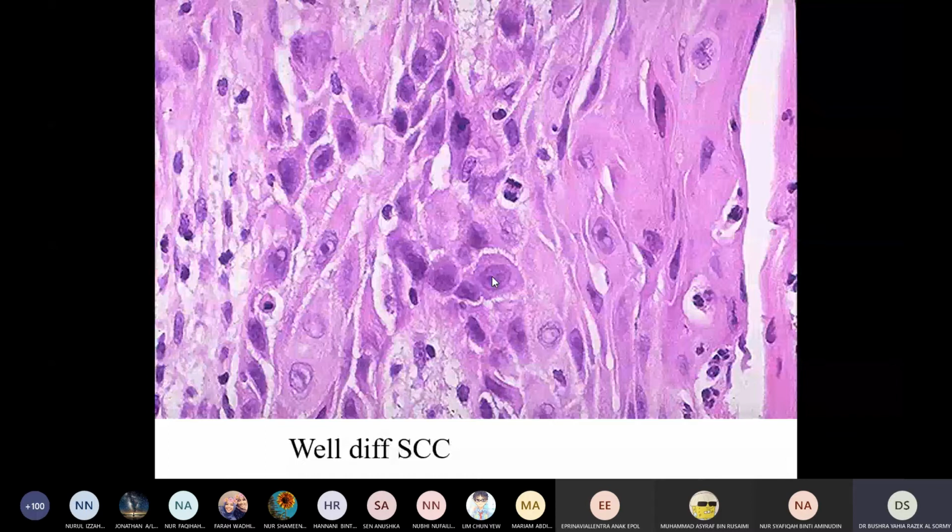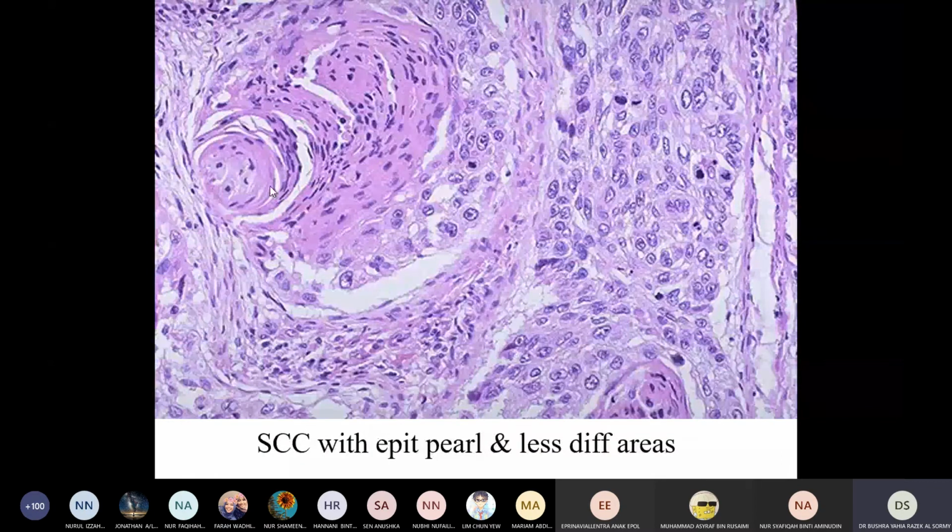You can see between the cells there is an intercellular bridge, or desmosome, it's the same thing. This is well differentiated. If we see this, with desmosomes and intercellular bridges, it indicates well differentiated. Also the presence of keratin pearls: abundant keratin pearls mean well differentiated. When there are fewer, around 50%, it is moderately differentiated. If there are none, only occasional ones and just cells like these, we call this poorly differentiated.